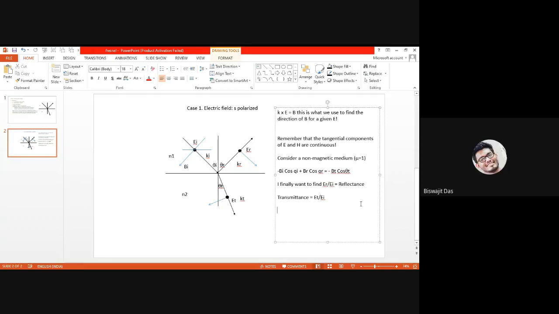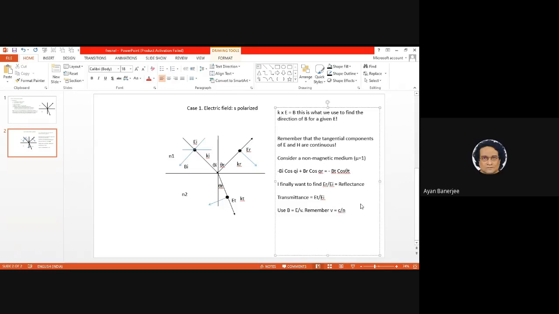B equals E by C. Correct, right? So I have to use B equals E by C, and in this medium, C will be C by V. Remember, it is not C actually, it is basically the velocity. So V is C divided by N, correct?